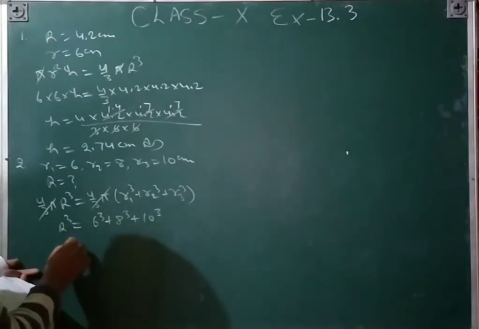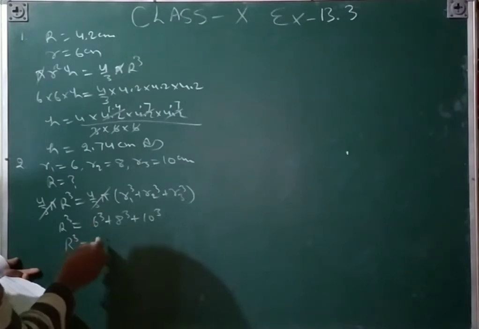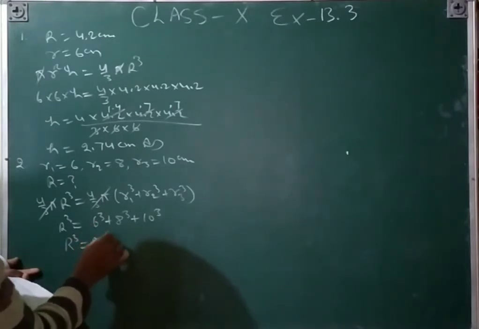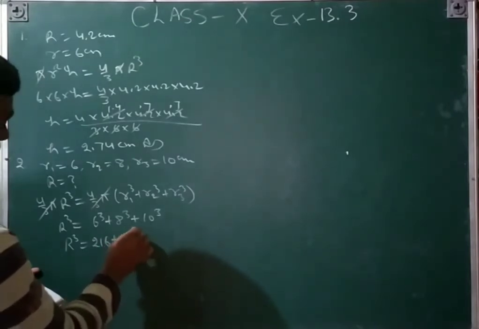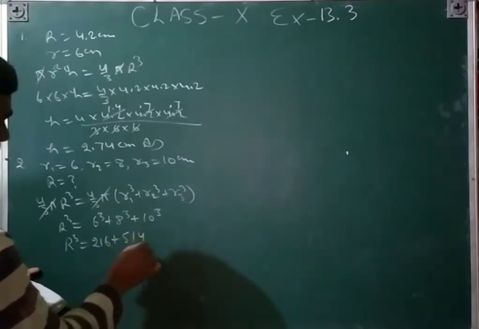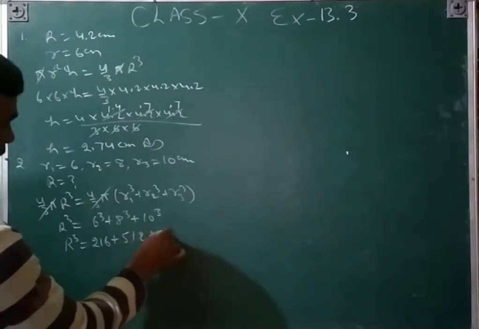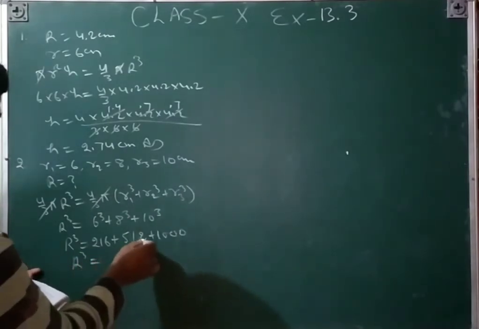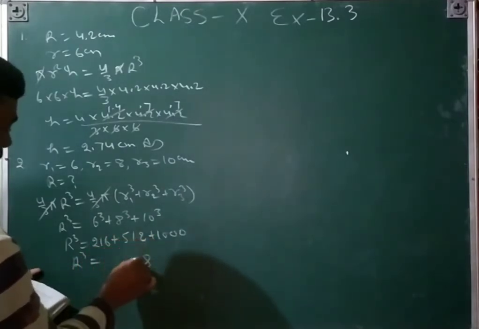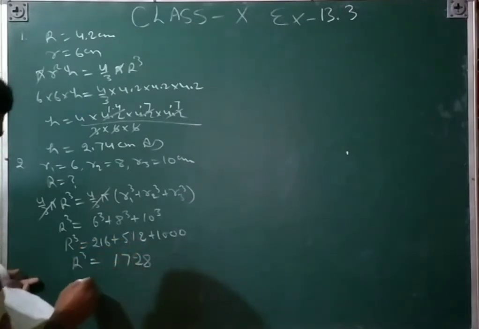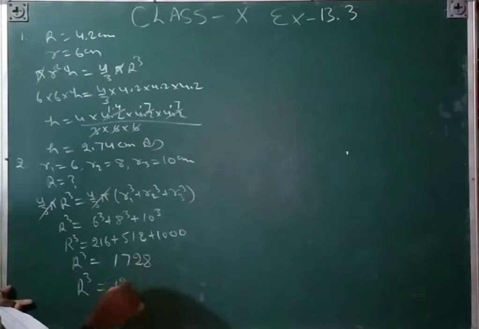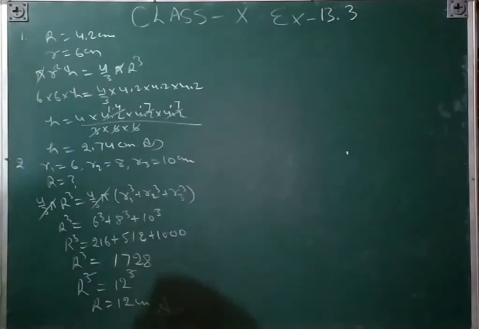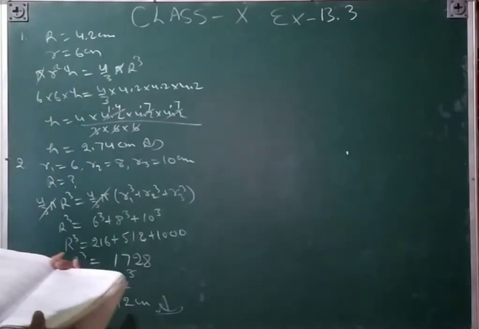That is 216 plus 512 plus 1000. So r cube is equal to 1728, that is 12 cube. Cancel the cube, so r is equal to 12 centimeter. This is the answer. It means the radius of the new sphere is 12 centimeter.